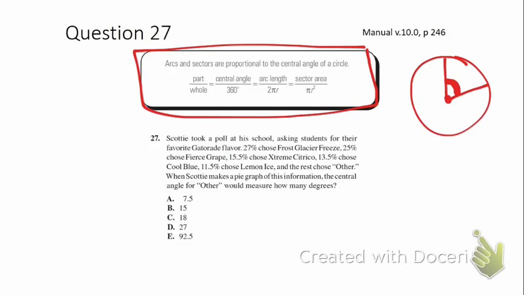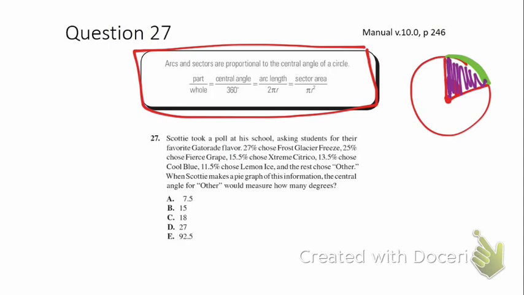Okay, you could also think about an arc length. So back to my picture here, this piece would be considered an arc length. It's a section of the circumference. So you could do that length over the entire circumference, which is 2 pi r. Last, you can think about areas. So the sector area, it's kind of like a piece of a pizza or something, that is called a sector.